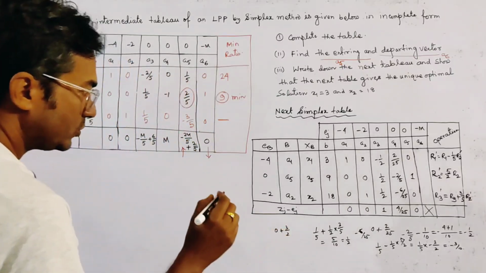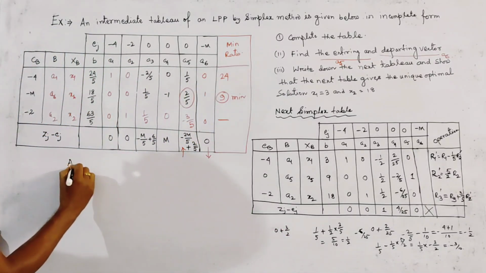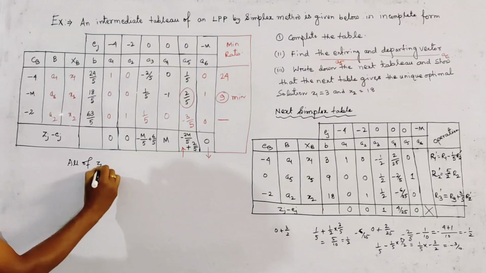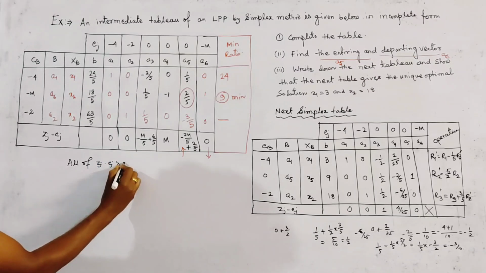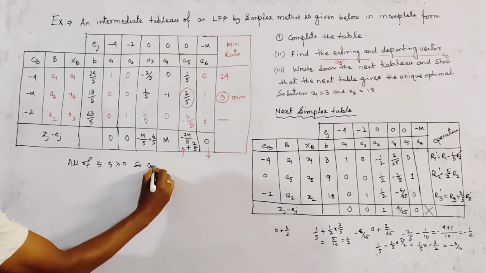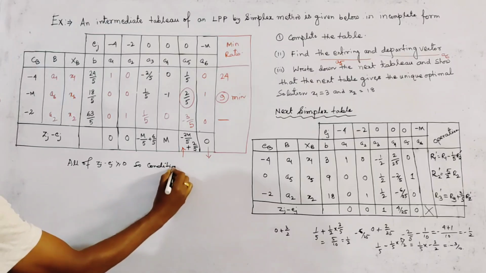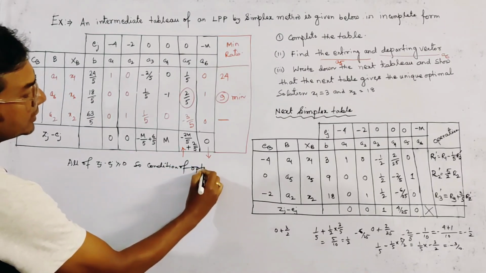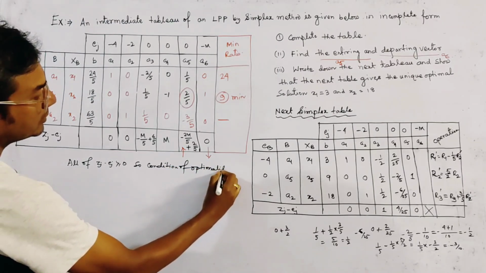We see that all Zj minus Cj are greater than or equal to 0. So the condition of optimality is satisfied.